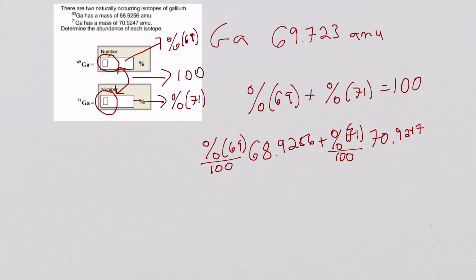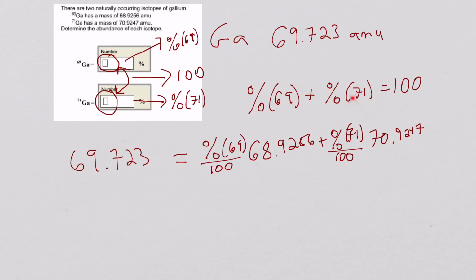If I were to do all this, I would find that that equals exactly 69.723. In other words, the number that came from the periodic table.